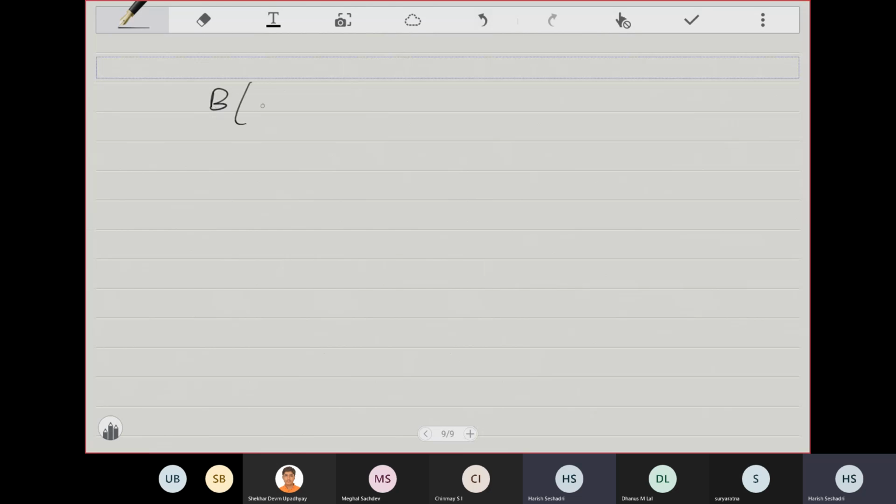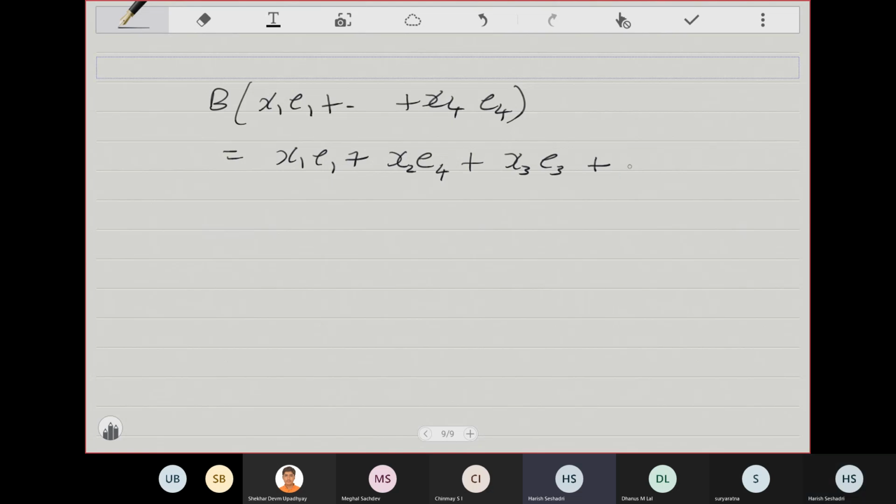So then what B does is B of X1 E1 plus X2 E2 plus X3 E3 plus X4 E4 is X1 E1 plus X2 E4 plus X3 E3 plus X4 E2, which I can write with X4 E2 brought here.